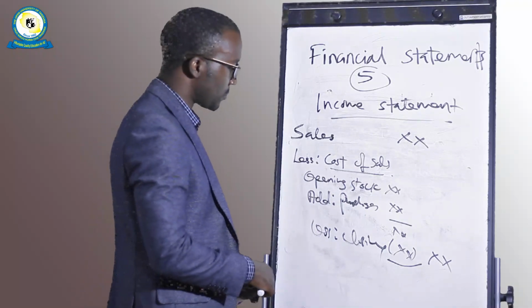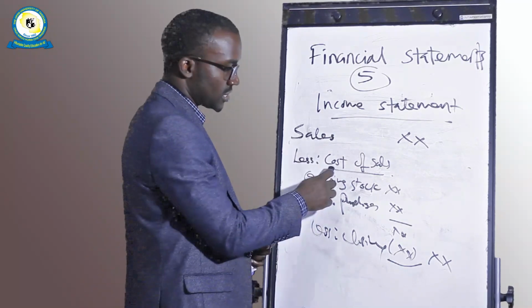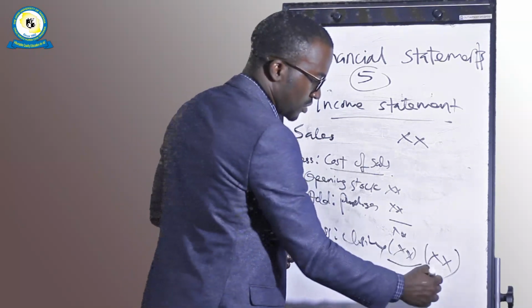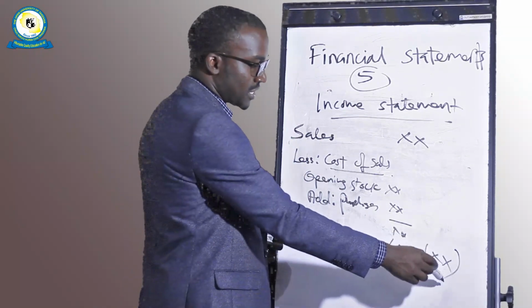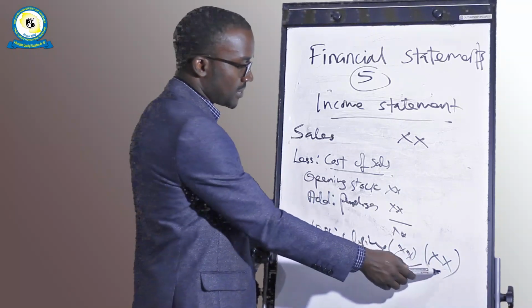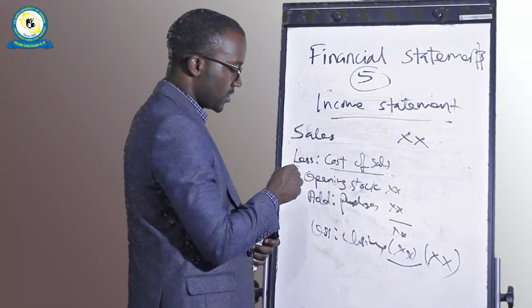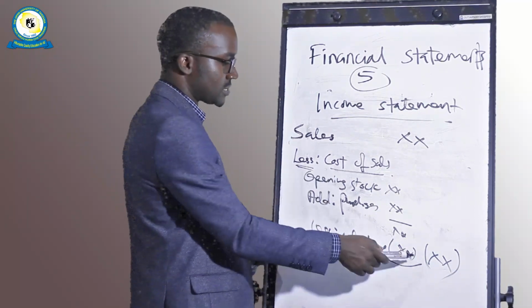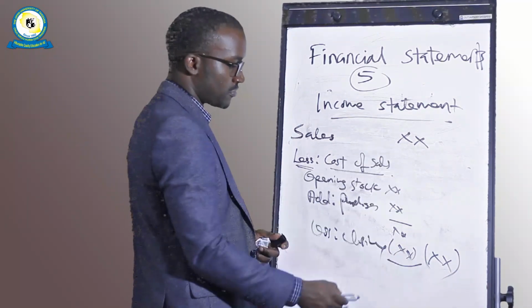Okay, so if you take your sales and minus the cost of goods sold, I'm putting the minus here in brackets, which means you less this figure or this amount from the above.